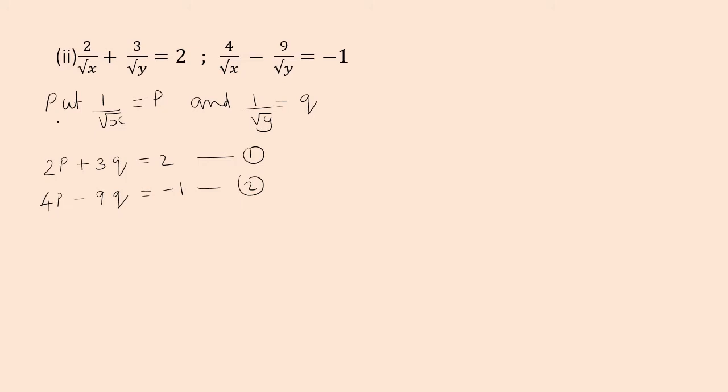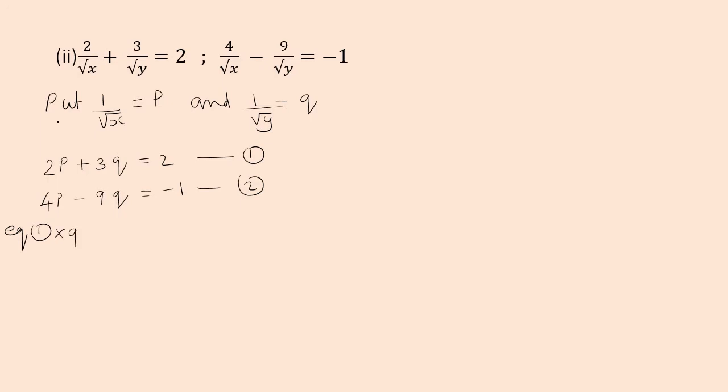So by any of the algebraic methods you can solve the equation. I am going to use the elimination method. So I am going to eliminate q, so I have to multiply equation 1 by the coefficient of q in equation 2, that is 9.